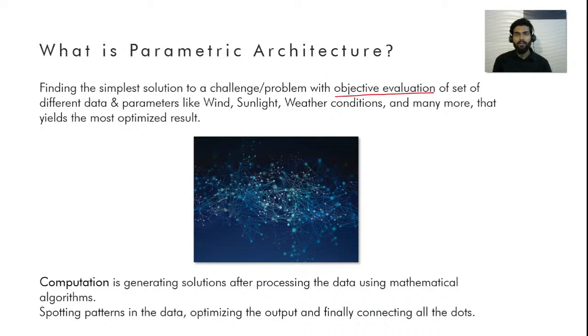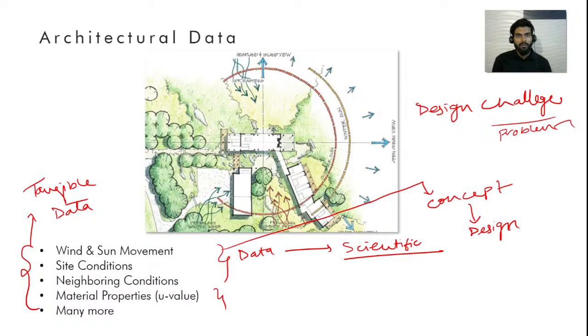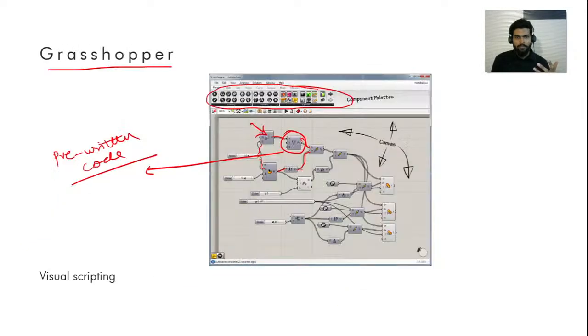This is a keyword here, with objective evaluation of different parameters like these. By objective evaluation of all this data, we come up with the most optimized result. So you get a design problem, you objectively evaluate all this tangible data and come up with the most optimized design. That is what parametric architecture is all about.